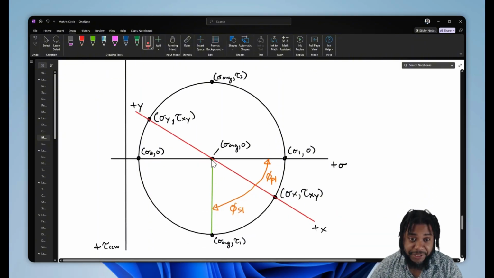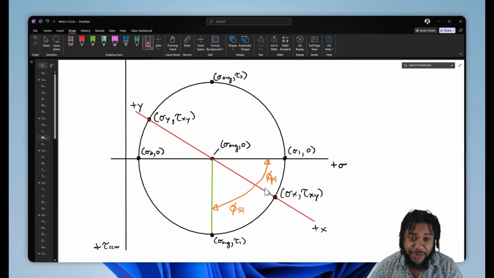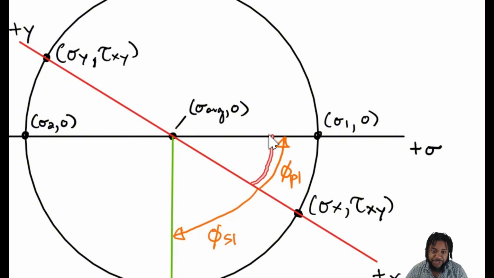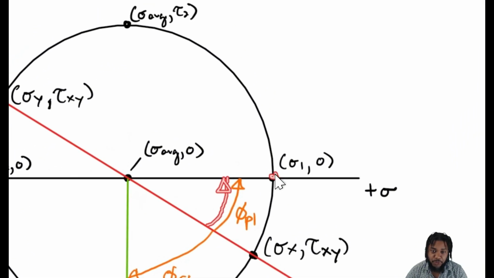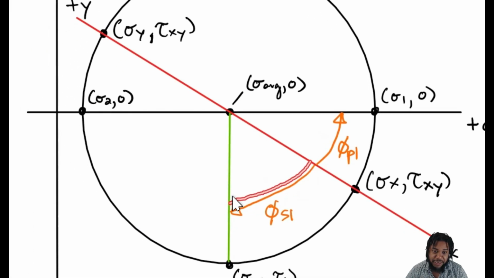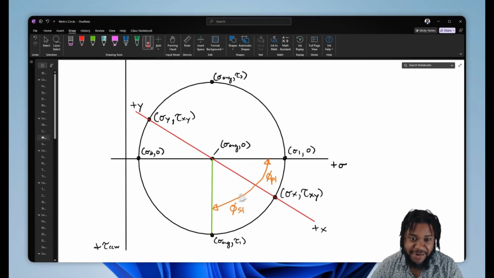Well, we simply take our original state of stress line and use trigonometry to find the angle between our original state of stress and the first principal point, or the angle between our original state of stress and the extreme valued shear stress point. If we can find that angle, that will tell us the angle with respect to our original state of stress. We can actually find those angles using trig.